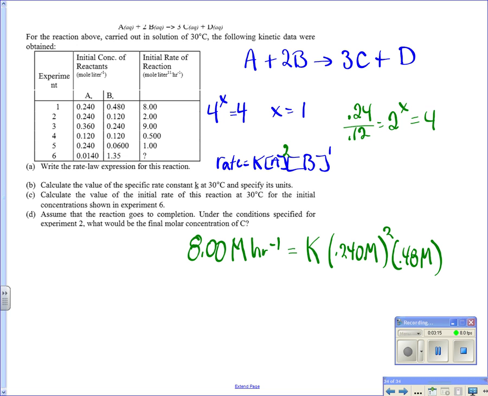When you plug everything in and multiply all this out, it comes out to be 0.0276, and then following my molarities, it's molarity cubed. Then I'm going to take that number and divide it to solve for K. Very simple algebra.